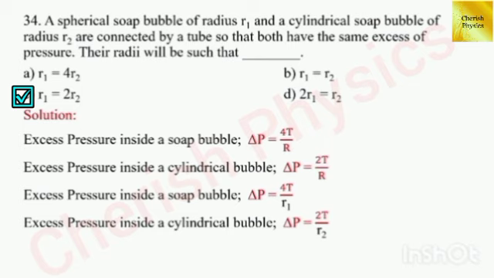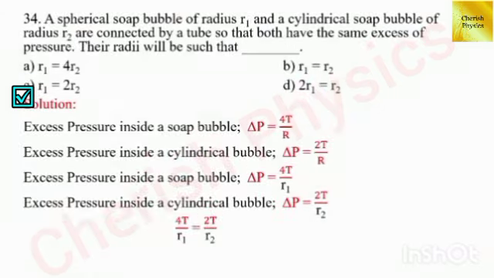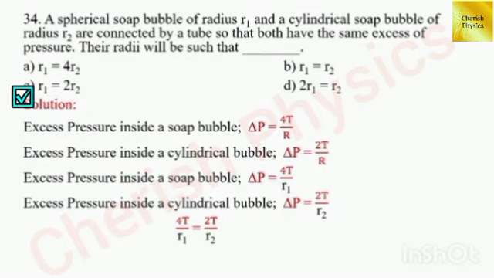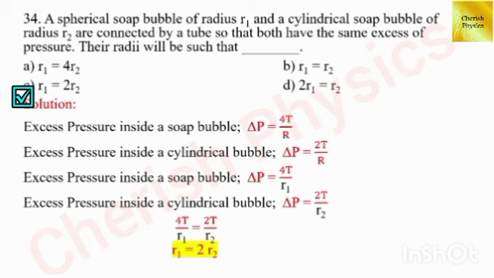In the given question, both the soap bubbles have the same excess of pressure, that is delta P equal to same. So we can equate the right hand side. 4T divided by R1 equal to 2T divided by R2. Cancel the same terms and simplifying we get R1 equal to 2R2.